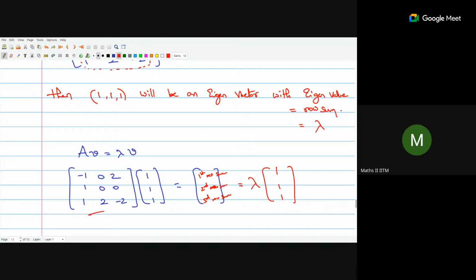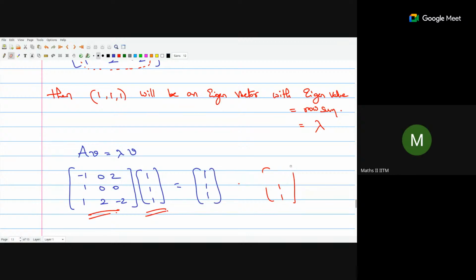So the result is a column matrix which is just the scaled version of [1, 1, 1], and that scaling is nothing but the row sum. The condition is that every row should have the same sum. Only then can you pull out the common term. Even here, when multiplied by [1, 1, 1], you will get [1, 1, 1] only.